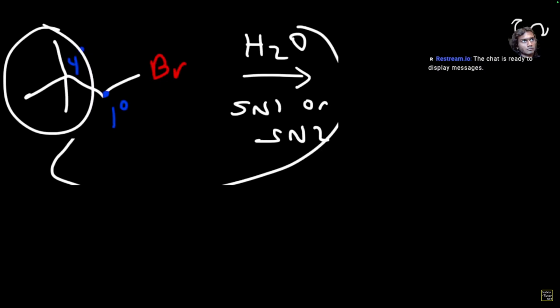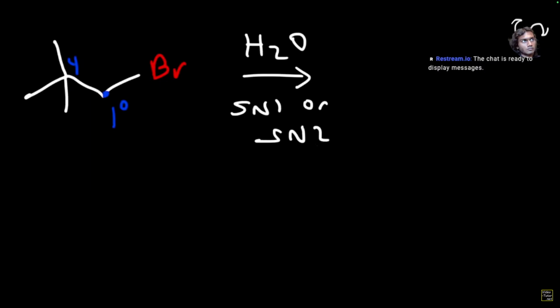All of that steric hindrance will reduce the yield of the SN2 reaction. So in this case, we're going to get the SN1 reaction, but it's going to be a little different. The SN2 reaction can still occur, just not in good yields. So keep that in mind. Anytime you have a quaternary carbon next to a primary alkyl halide, the yields for the SN2 reaction will be lower because it's sterically hindered.